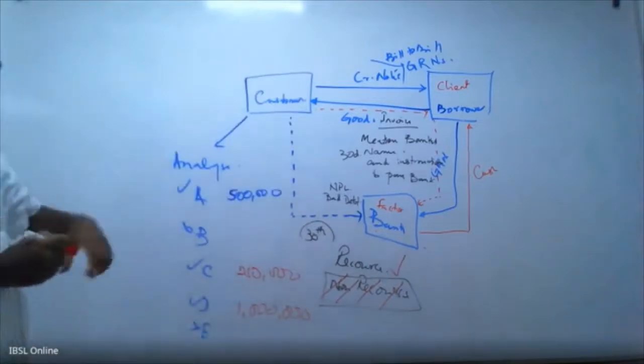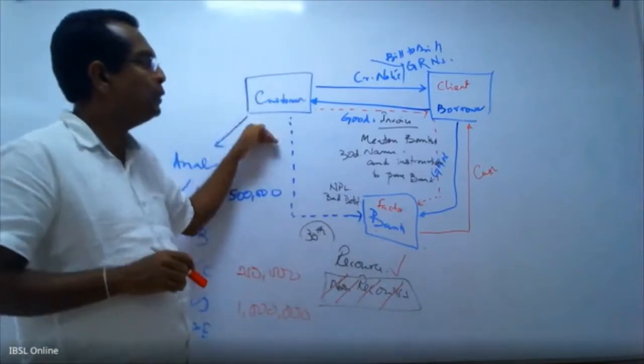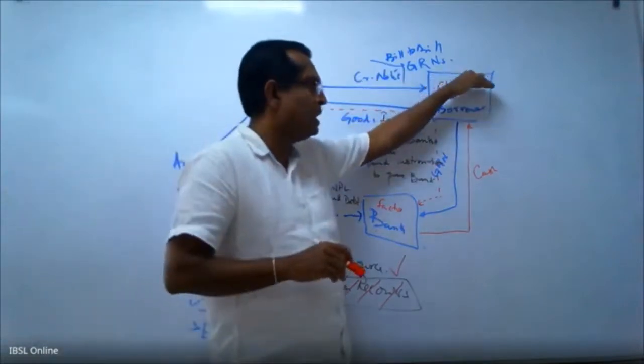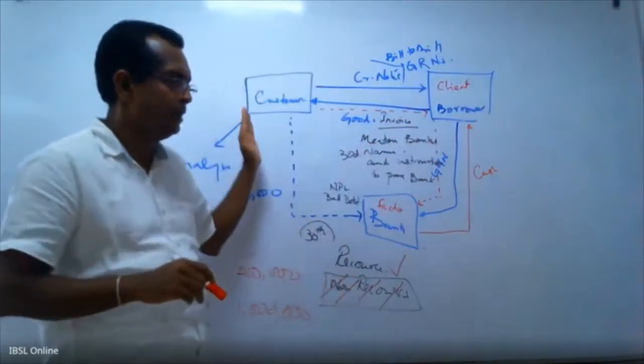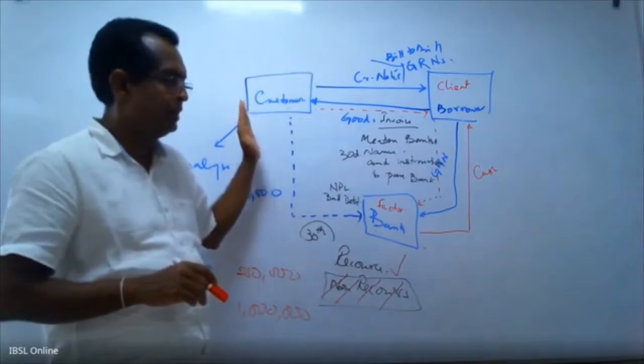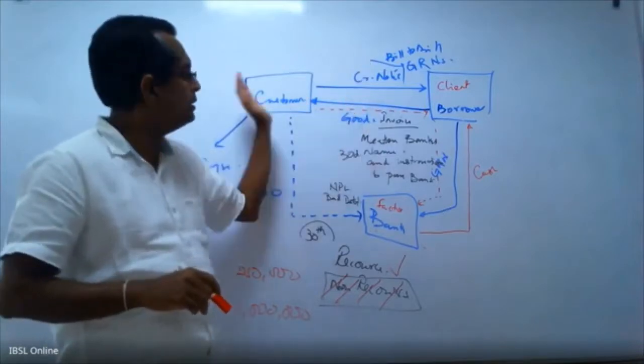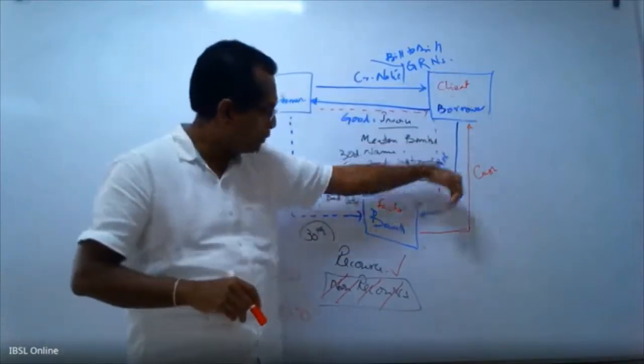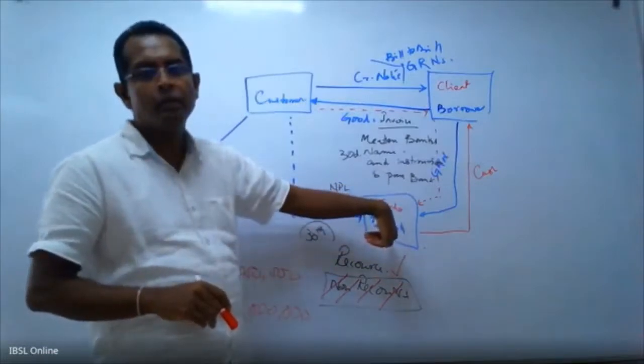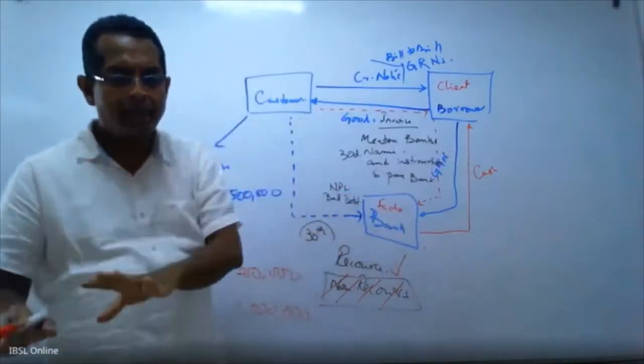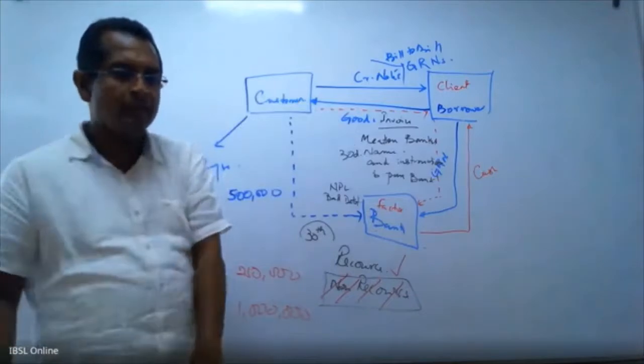Right? The customer will not get to know that the borrower or the client has discounted the bill. It is a normal transaction. He pays the borrower, the borrower pays the discounter. That is supplier finance or invoice discounting.